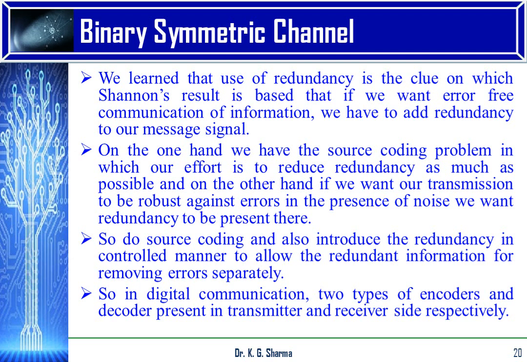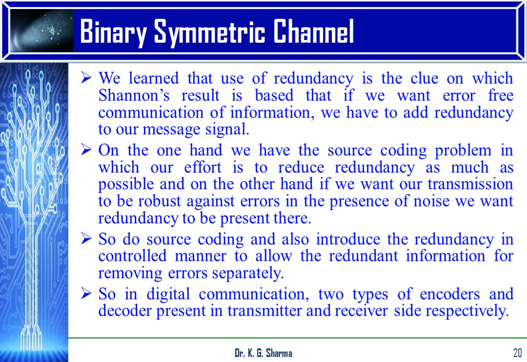On the other hand, if we want our transmitted information to be robust against error in the presence of noise, we need to add redundancy with the information signal. So we need to add redundancy in a controlled manner to have error-free communication of information.